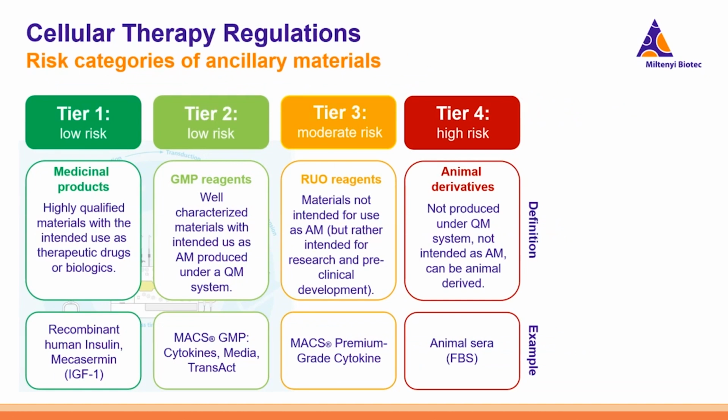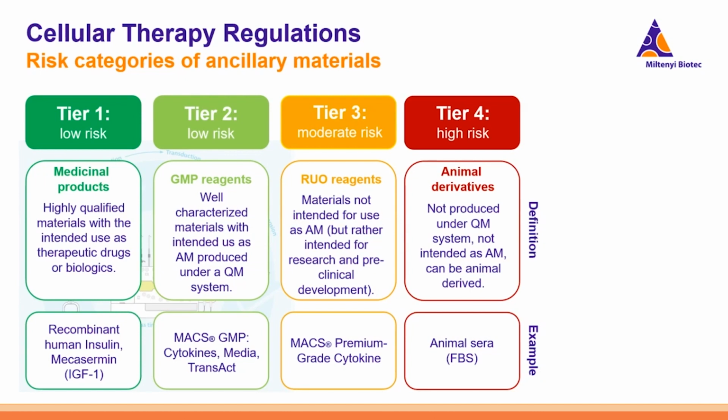Because that is the case, what the regulatory bodies are basically doing is a risk-based approach. All ancillary materials you are going to employ in the cell manufacturing are put into one of 4 risk categories. You go from tier 1, which is very low risk, to tier 4, which is high risk.